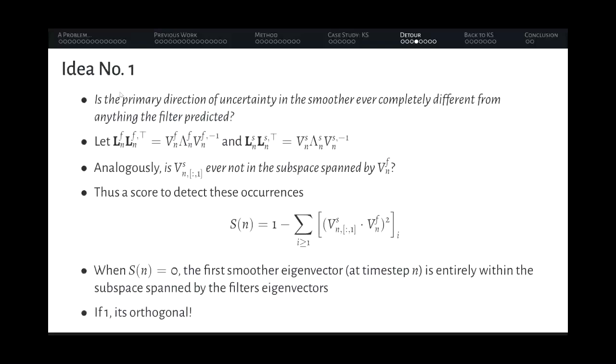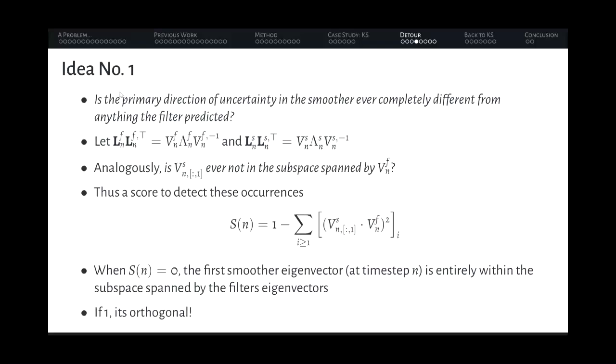Idea number one: is the primary direction of uncertainty in the smoother completely different from anything the filter has predicted? You do this decomposition for the filter and for the smoother, and ask whether the first eigenvector from the smoother is ever not in the subspace spanned by the eigenvectors from the filter.